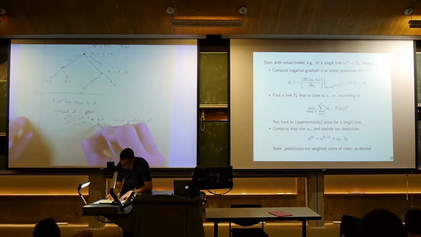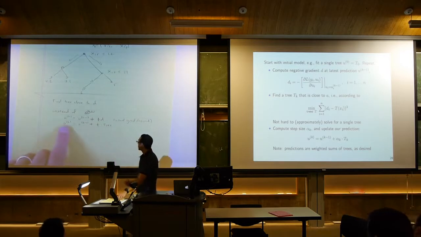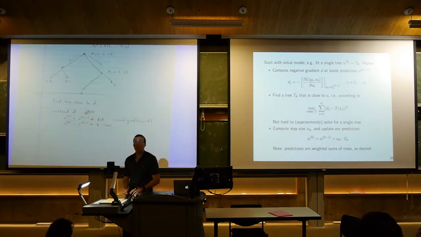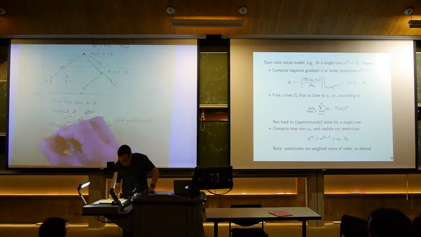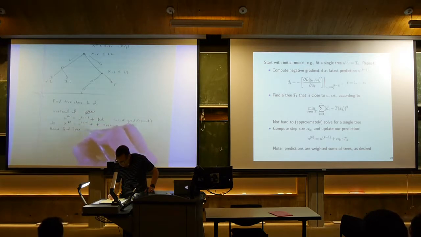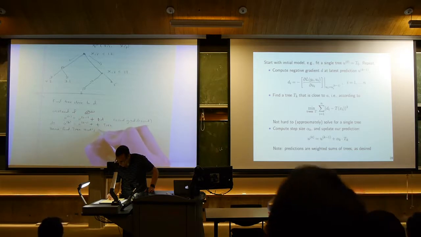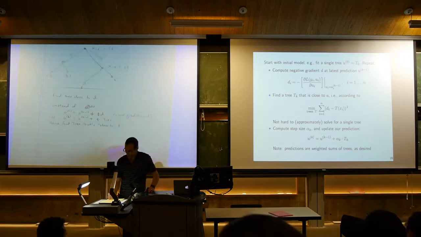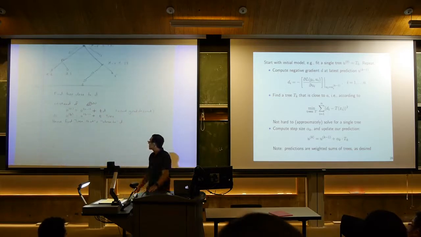I make sure that my update direction is a tree. And if I make sure this is true at every stage, then what I get at the end is going to be a sum of trees, exactly what I wanted. So therefore, we have to find a tree that's close to d, which is the negative gradient. That's the basic idea behind gradient boosting.